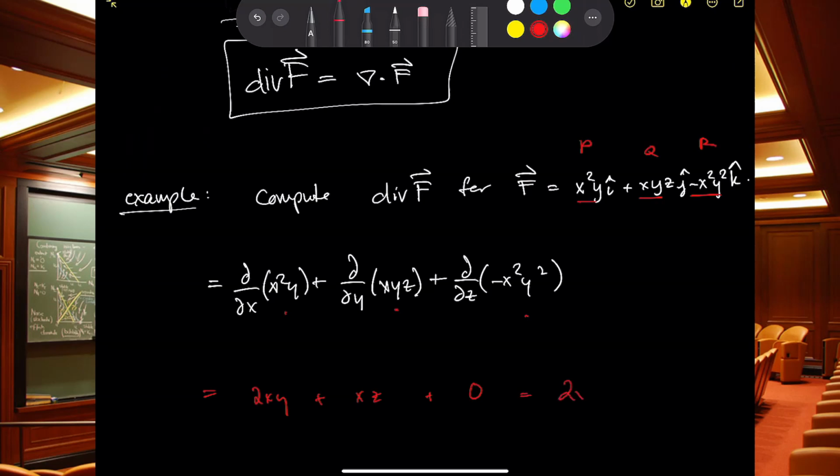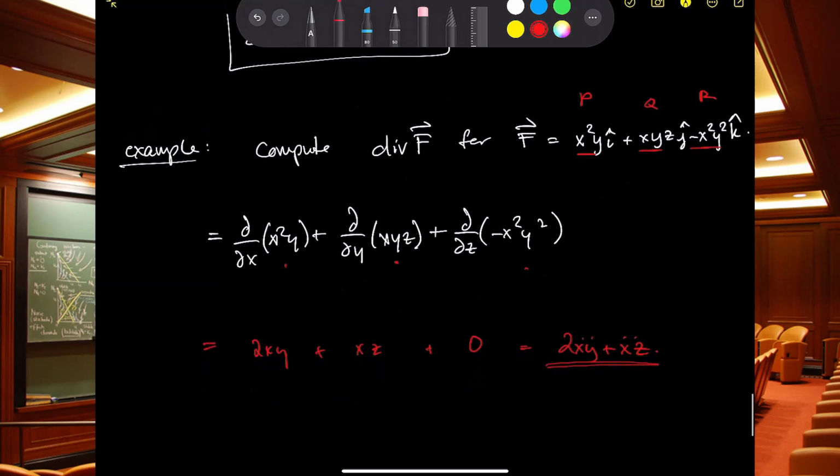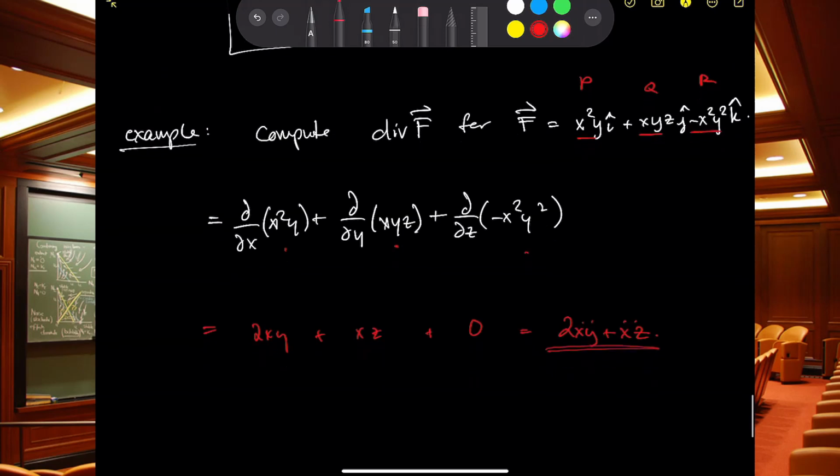So we're just left with 2xy plus xz. And again, this makes sense that the divergence would be dependent on what? The coordinates of where you are in the vector field. So you can kind of think of this as the tendency for this kind of outgoingness from that point of the vectors, telling you about fluid or airflow.